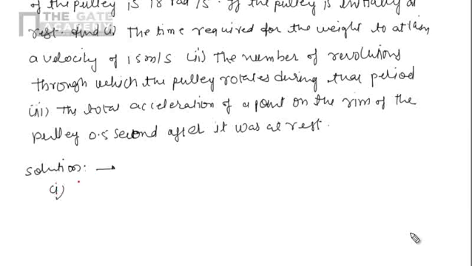We are interested in the time required for the weight to attain a velocity of 15 meter per second. Velocity is given, that is 15 meter per second. But we are dealing in rotational motion, so we have to find the corresponding angular velocity. We know omega is v by r and the diameter is given, that is 50 centimeter.